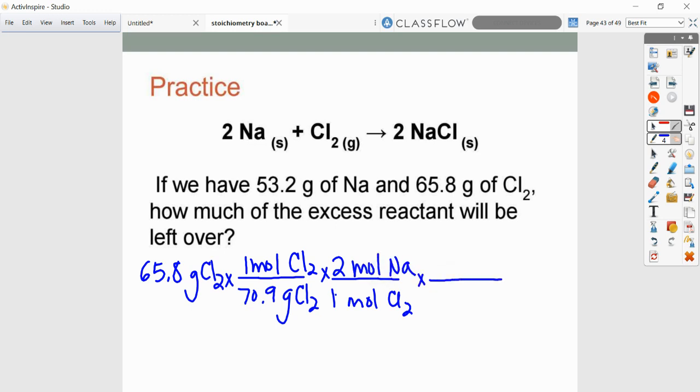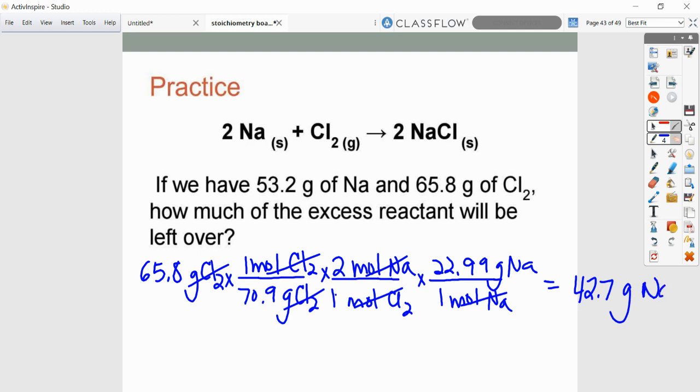And then we'll convert to grams since that's what we have our measurement in. So that would be 22.99 grams of sodium here. Make sure all of the units cancel and that you've done your ratios correctly. And so in this case, we would say that we need 42.7 grams of sodium.